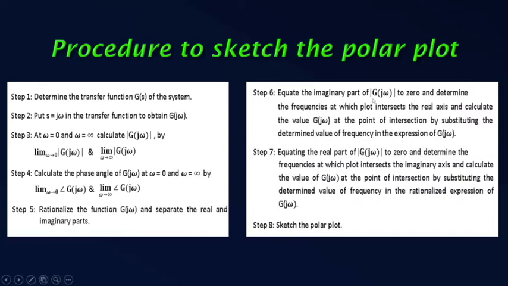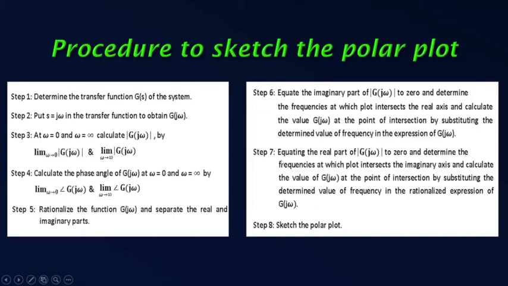Equate the imaginary part of G(j omega) to 0 and determine the frequencies at which the plot intersects the real axis, and calculate the value of G(j omega) at the point of intersection by substituting the determined value of frequency in the expression of G(j omega).